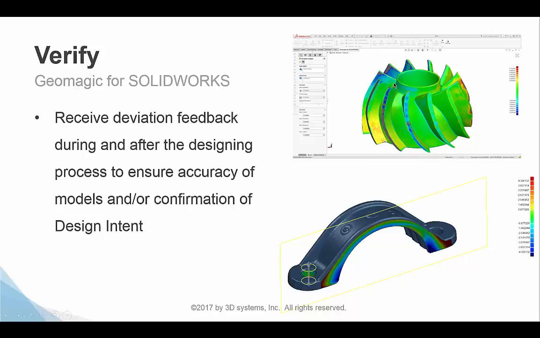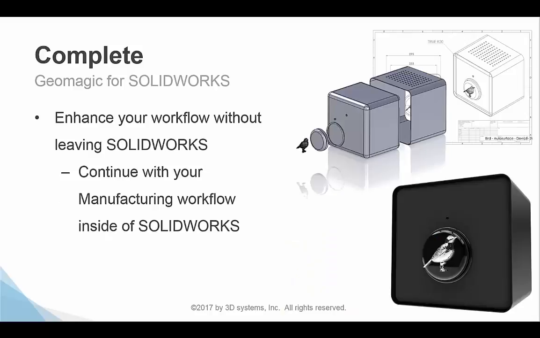It's nice to be able to compare it back and make sure that you are creating the model that you want before you make one and waste that effort. So this verification process can't be understated how valuable that is, to be able to check your model geometry before you keep manufacturing.